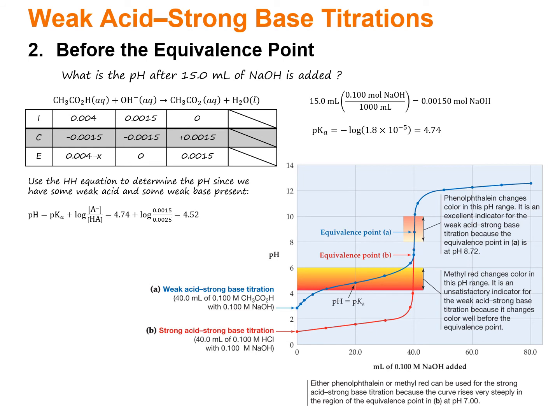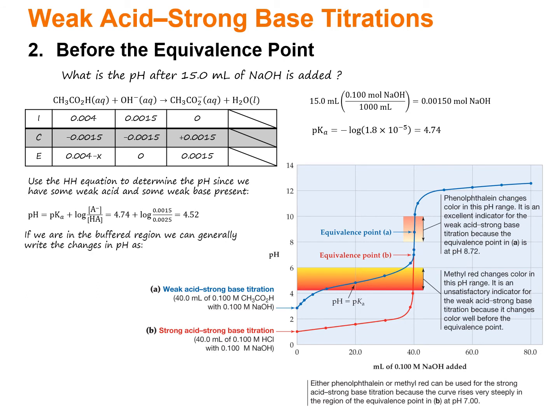And so A minus is the 0.0015, and it goes in the numerator, and then 0.004 minus 0.0015 gives me 0.0025, and so that goes in the denominator as our amount of acid. And then we plug in the 4.74, and what we'll end up with is 4.52 as the pH of our solution after we've added 15 milliliters of sodium hydroxide.